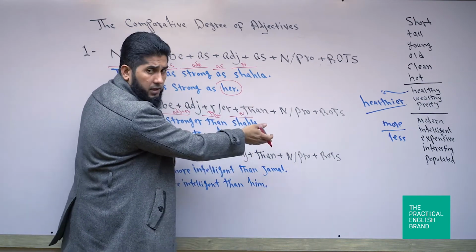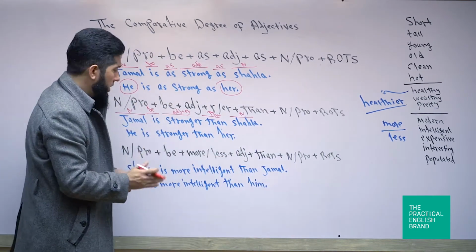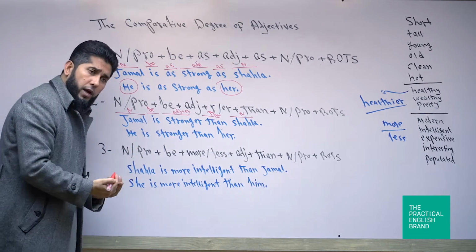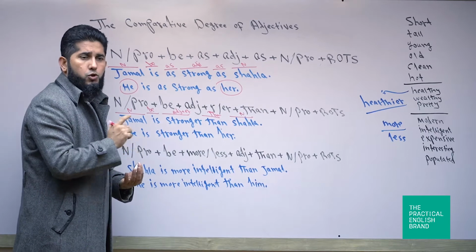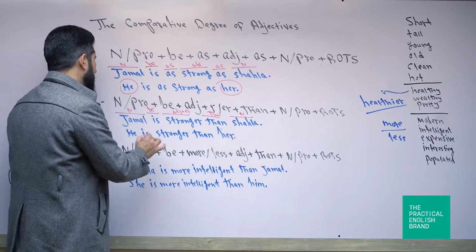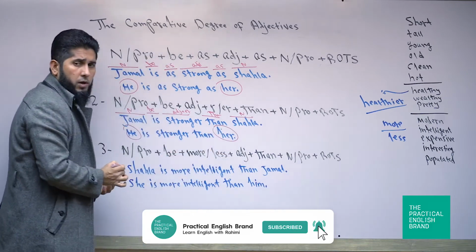If you have anything else, that will be the rest of the sentence. So Jamal is stronger than Shahla. Now if you want to use pronouns, then he is stronger than her, or she is stronger than him. So at the beginning you use a subject pronoun, and at the end you use an object pronoun.